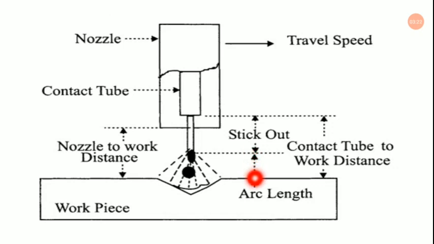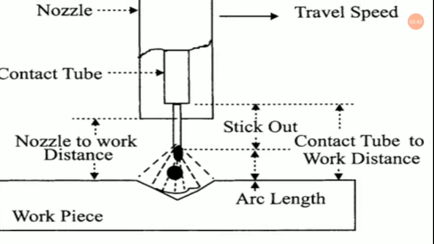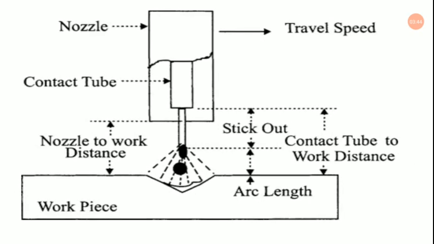This is the arc produced, and metal droplets are passing directly to the workpiece, coming out from the contact tube. This is the workpiece, and this is the direction of the travel speed. If you want a screenshot, you can take it.